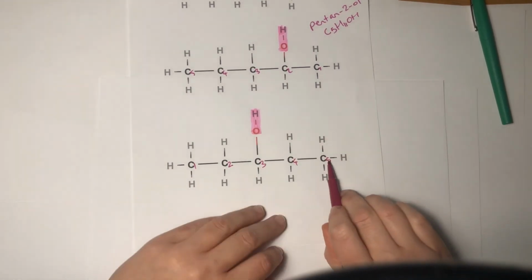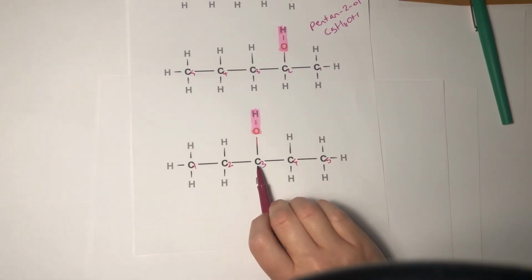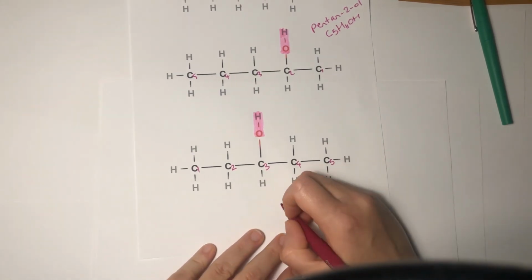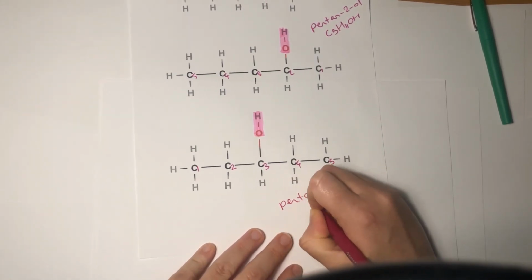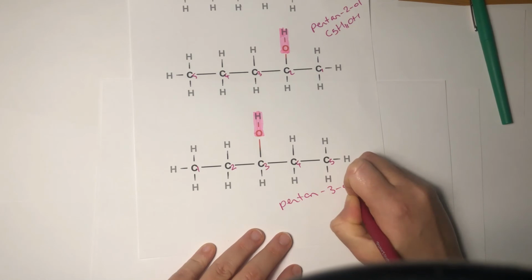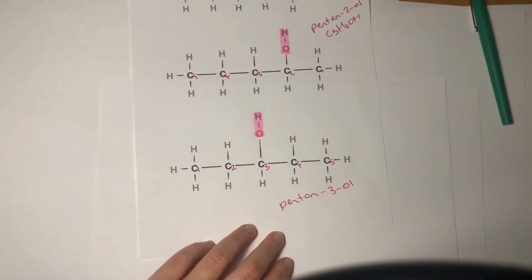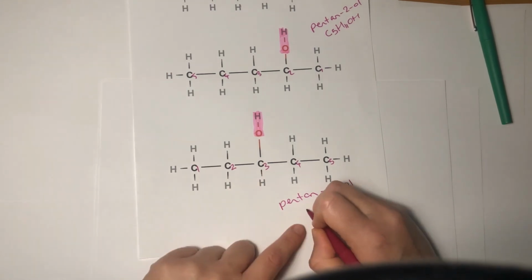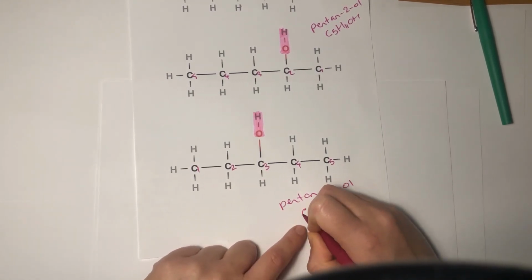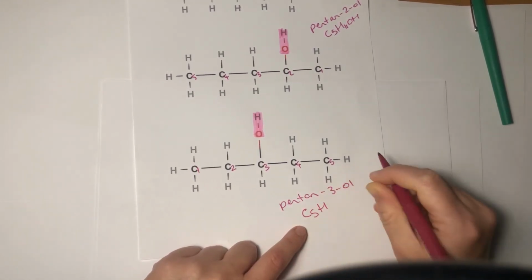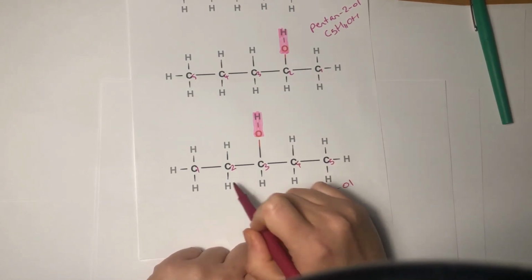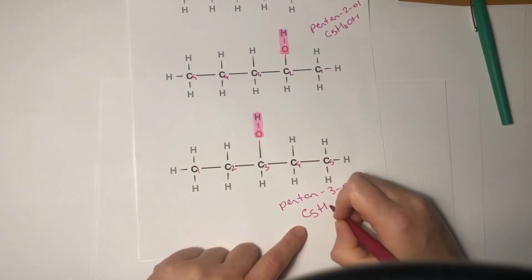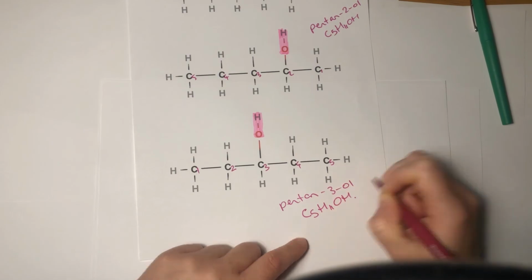If you number it from this direction, you'll get up to number 3 as well. So pentan-3-ol, because it's on the 3rd carbon. And then we do C5H11OH.